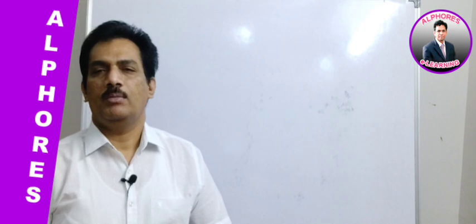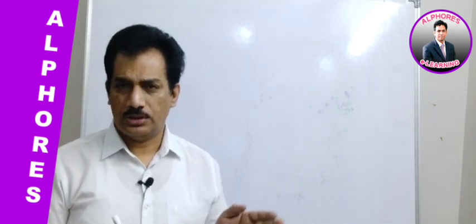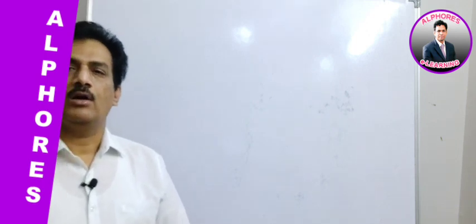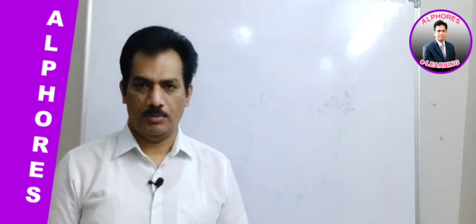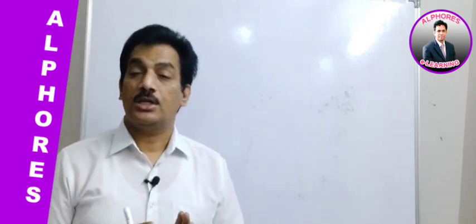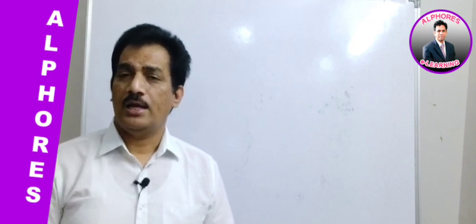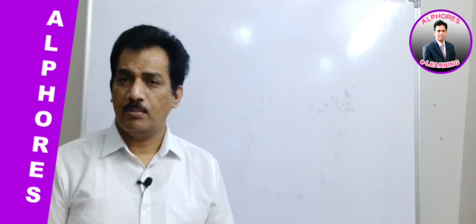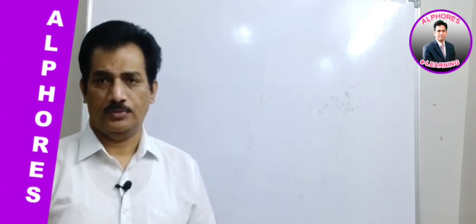For the remaining elements, the oxidation state should be known to us. Then only is it possible to find the oxidation number of that element. That means it is not at all possible to find the oxidation numbers of different elements at a time in the given compound. Is it not?